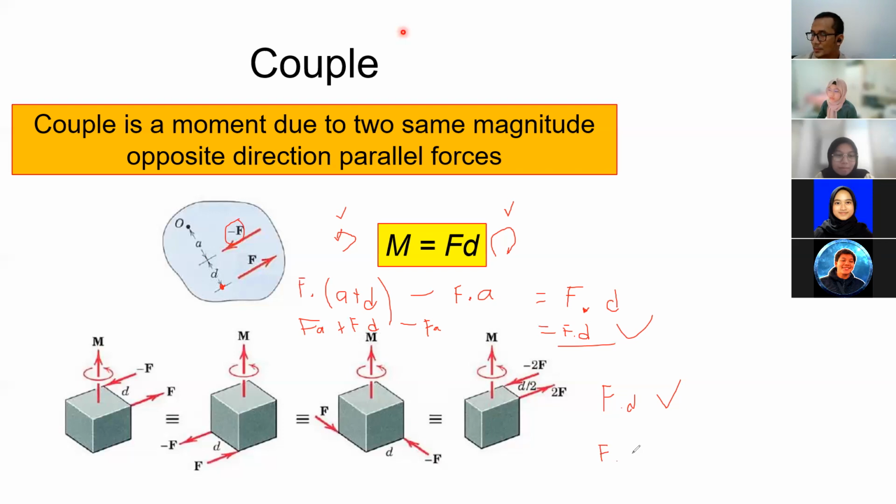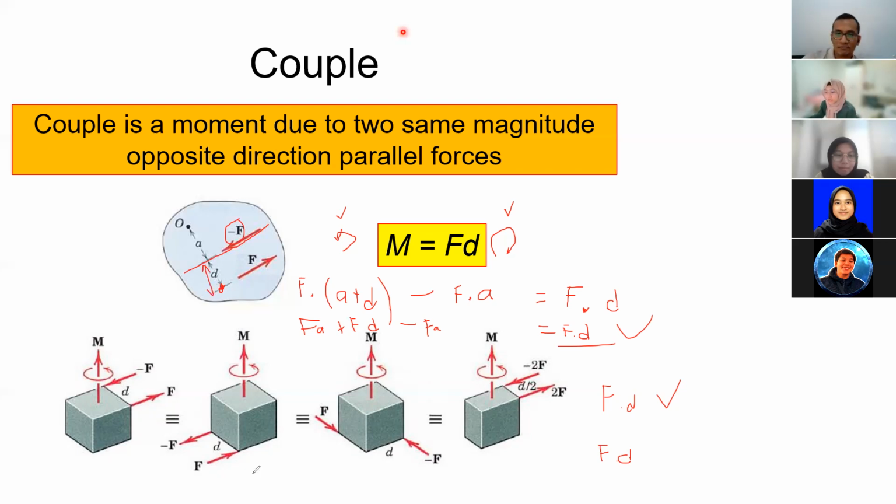The perpendicular distance is what? Negative F multiplied by D, right? Not A plus D, right? The force is here. The point is here. So the perpendicular distance is supposed to be this one. Oh yeah.